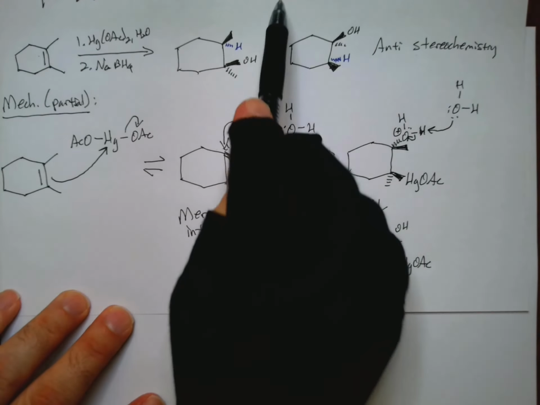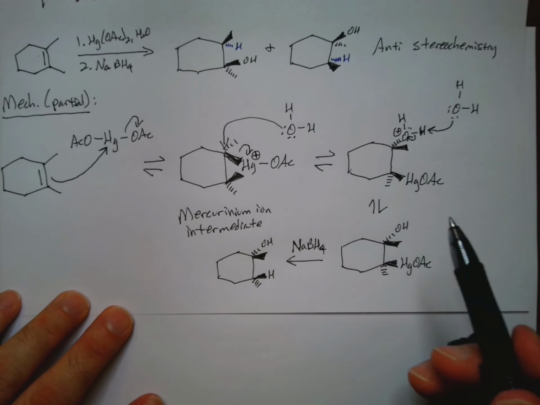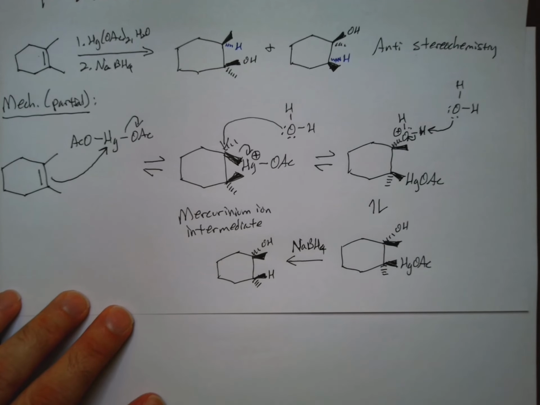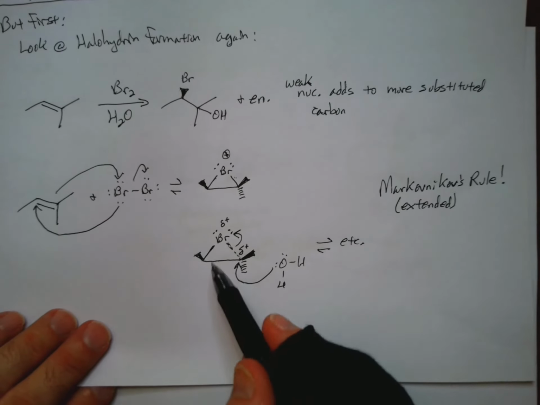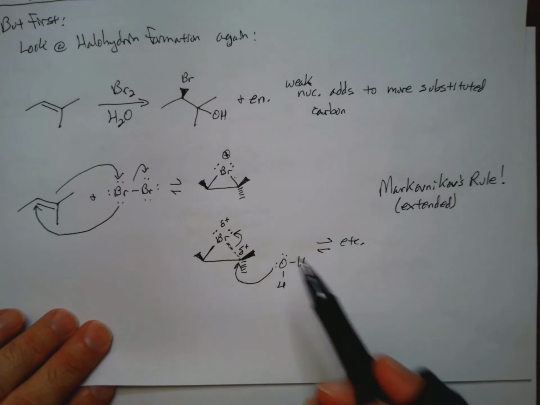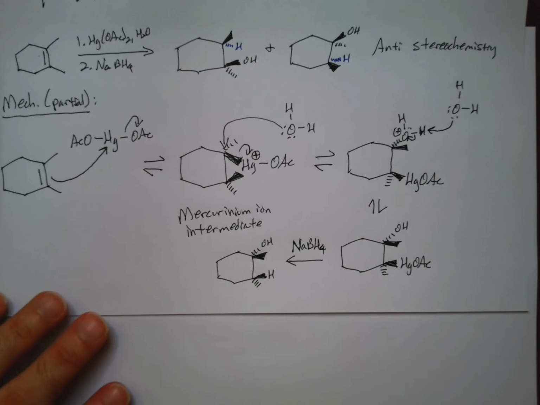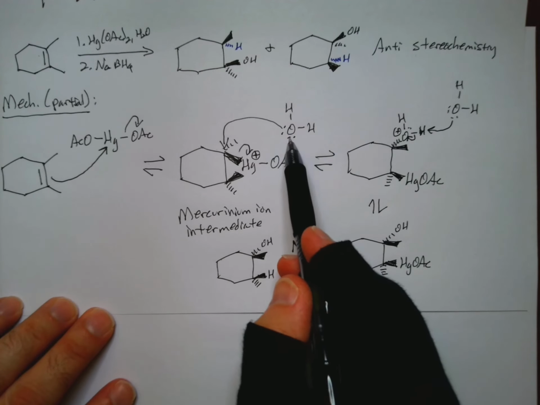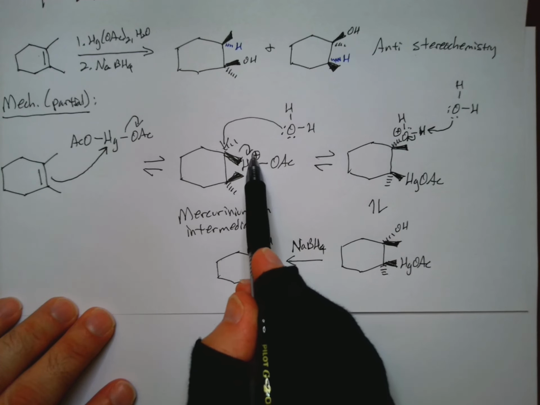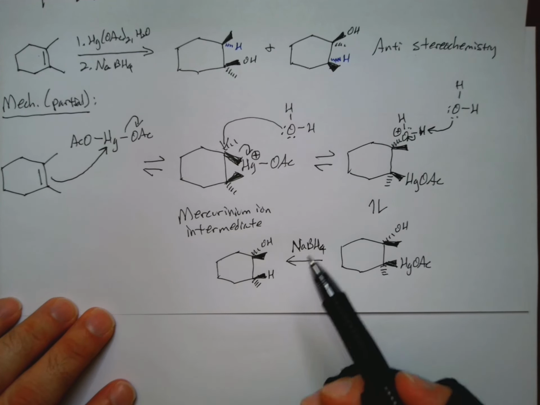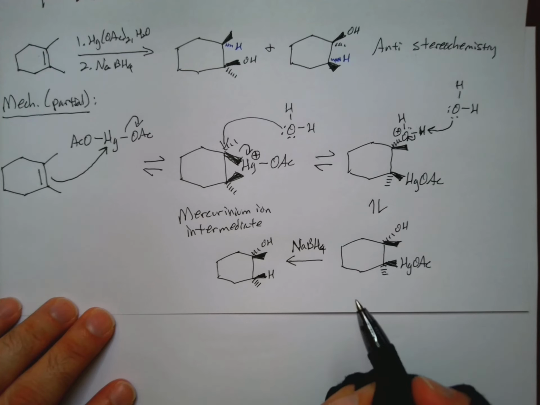Now we also get the Markovnikov regiochemistry for the same reason that we did in the halohydrin formation. So again, we'll go ahead and get the OH adding to the more substituted, because that's going to do a better job of stabilizing positive charge from the mercury there.